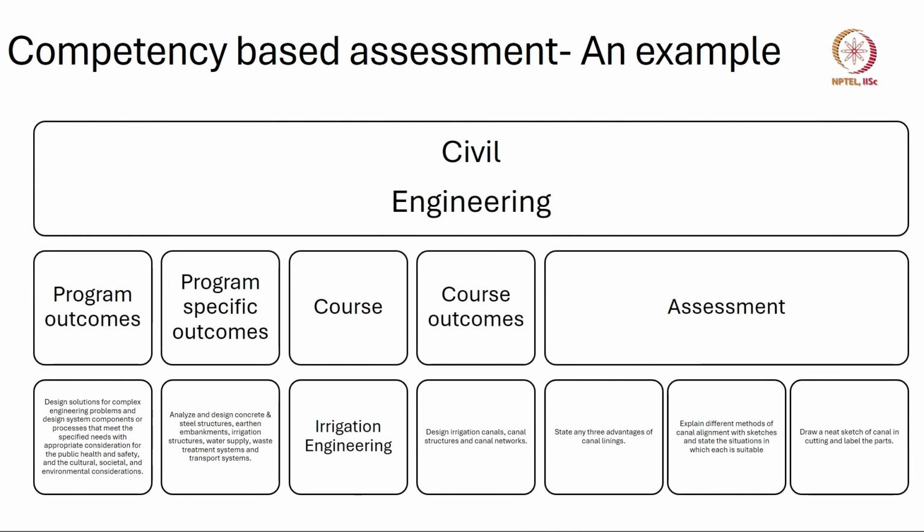Say the course outcome is: students will be able to design irrigation canals, canal structures and canal networks. This course outcome explicitly targets a design level competency, which is appropriate and very well aligned to the program outcomes and the program specific outcome.